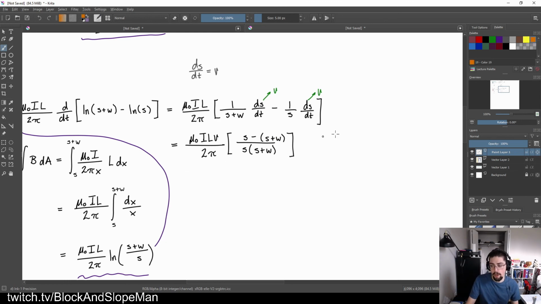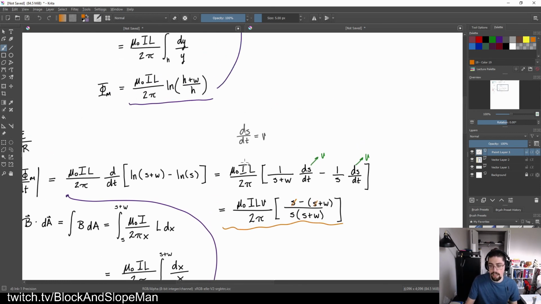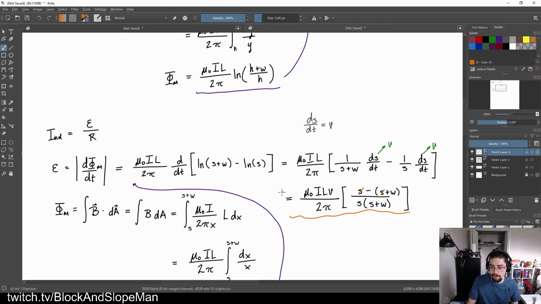I can simplify that one more, so let's cross out the s's. The w gets left. This term right here, I have to go back all the way to my beginning. If I take that term now, I just need to divide by r to find my induced potential at the end of the day.